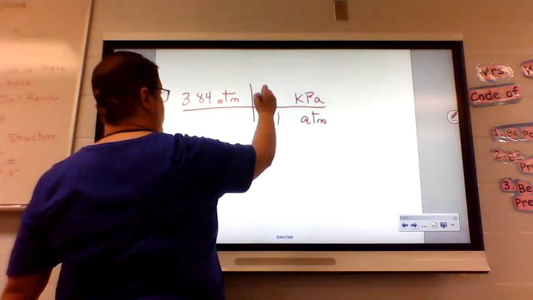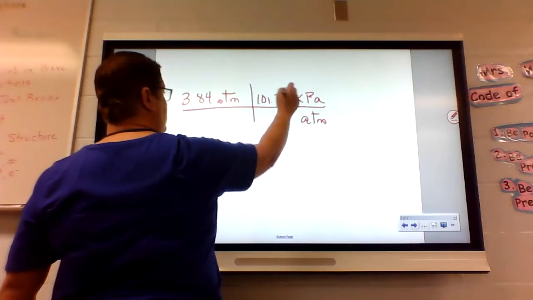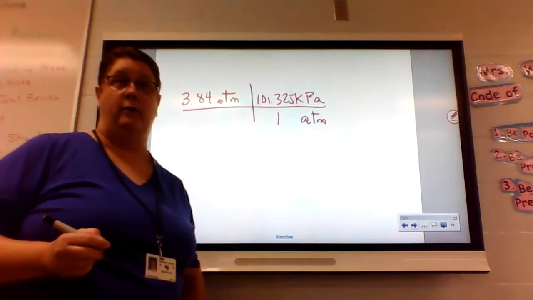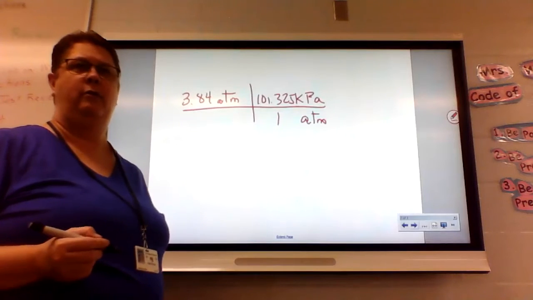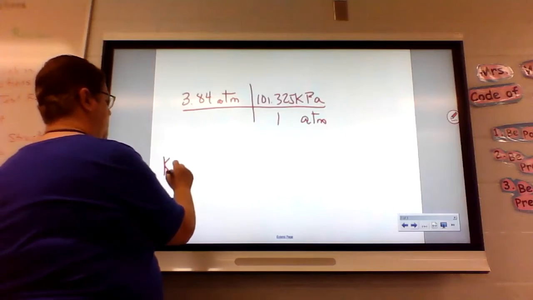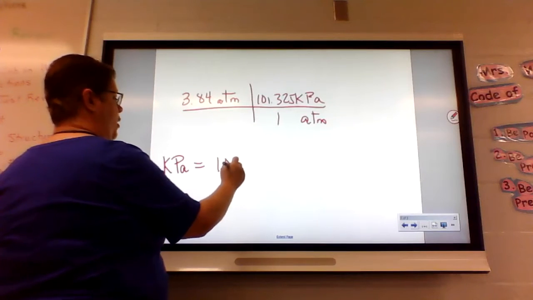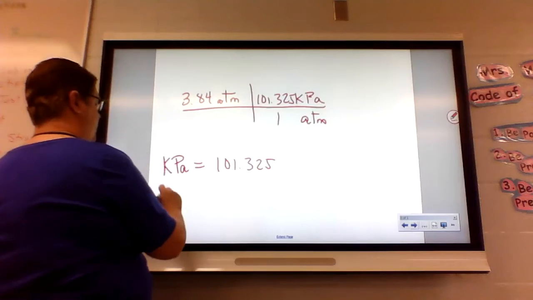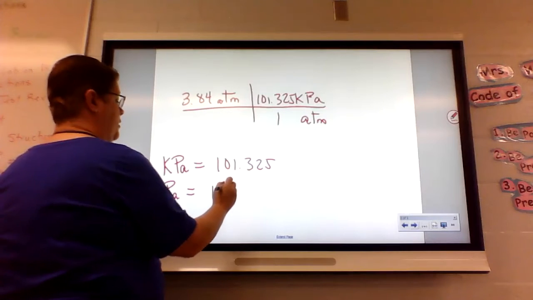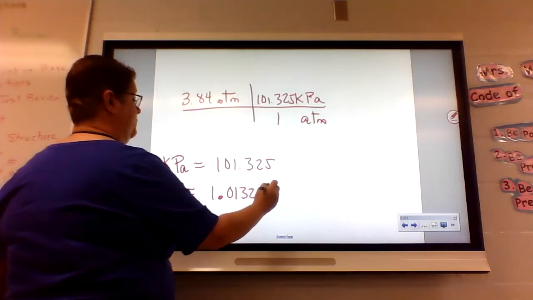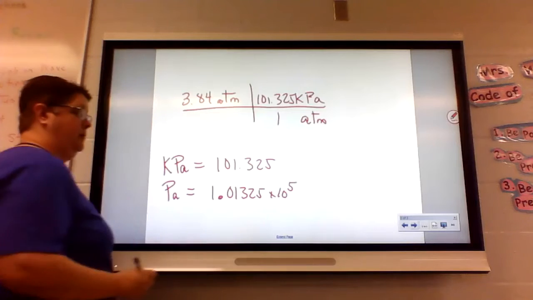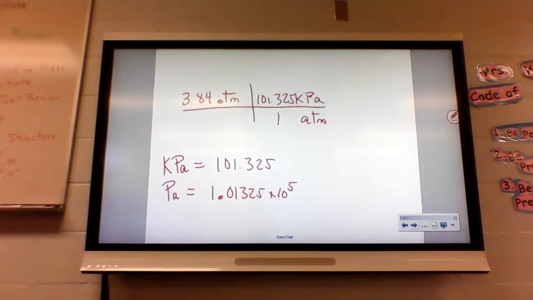Okay. KPA is 101.325. No times 10 to the 5th. KPA always has 101.325 beside it. PA has 1.01325 times 10 to the 5th. It depends on what number you're using as to which number you get. If you've got PA, you don't use that times 10 to the 5th. If you have KPA, use that 101.